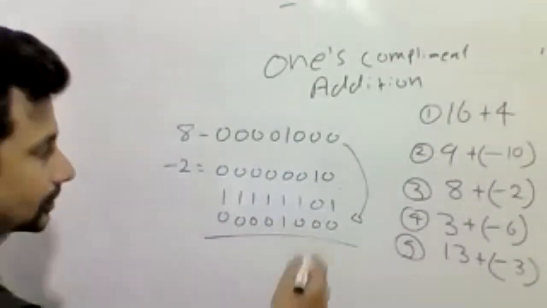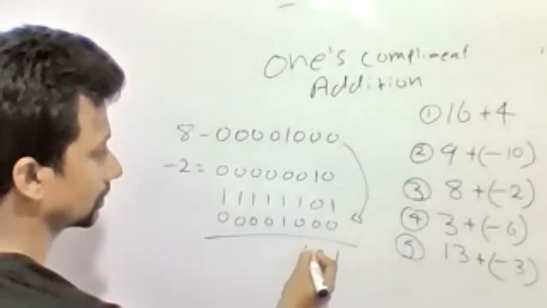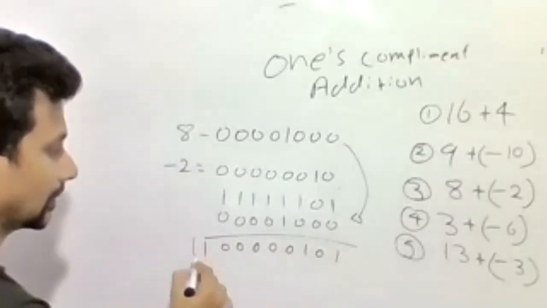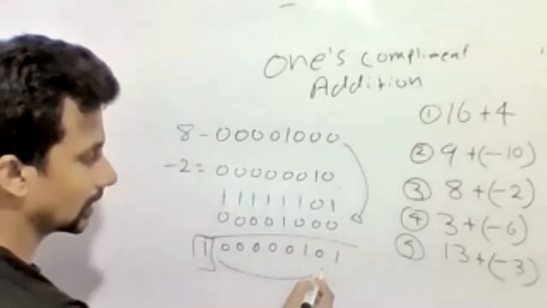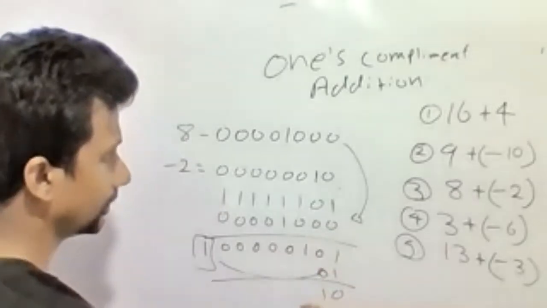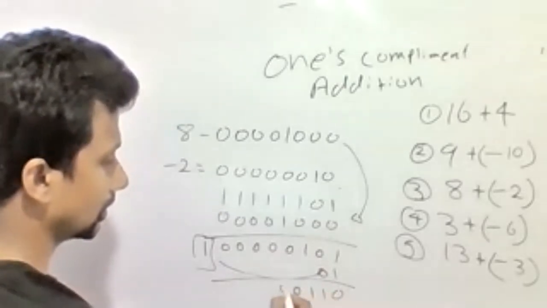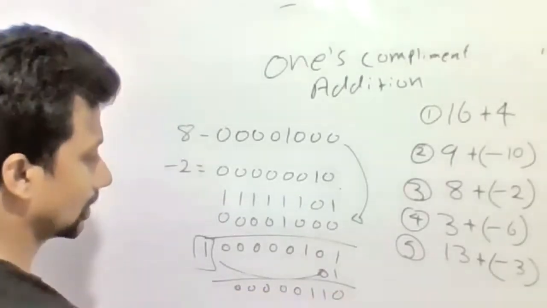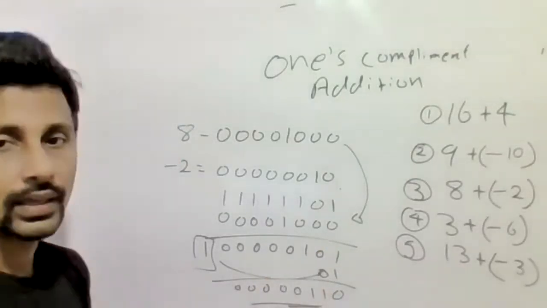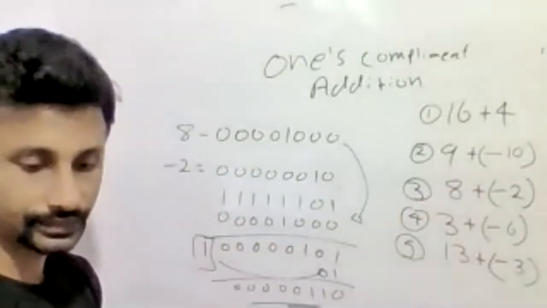Now I'm going to add them. Here I am getting a 9th bit. So take it here and add them. So you get 1, 0, 1, here 1. Okay. So this is your answer. Actually, when you convert it to decimal, that is 6. 8 plus minus 2 means it's 6, right?